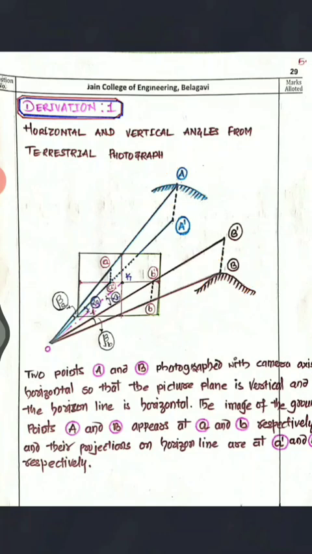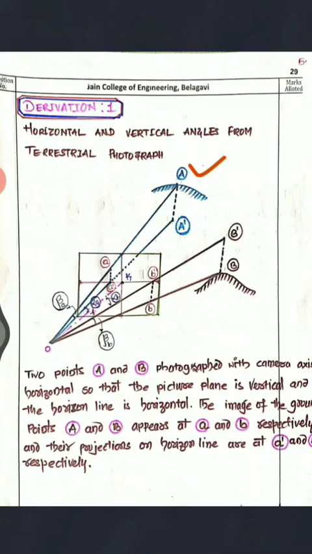2 points A and B are photographed with a camera axis horizontal, so that the picture plane is vertical and the horizon line is horizontal. The images of ground points A and B appear at small a and small b respectively, and their projections on the horizon line at a dash and b dash.